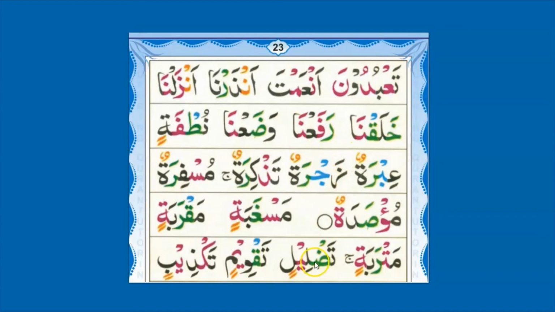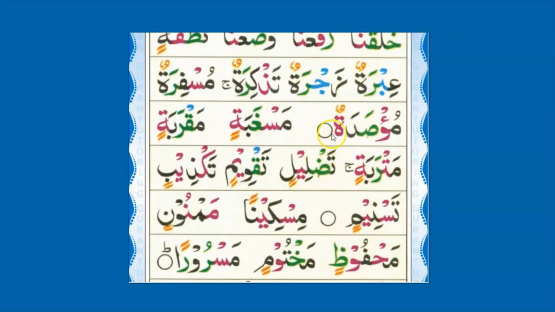Alright, so we read that when there is a double kasra or double dhamma at the end of the word, but it is not ta marbuta, we will be making that letter sakin. But if it is ta marbuta, we have to change it to the ha.